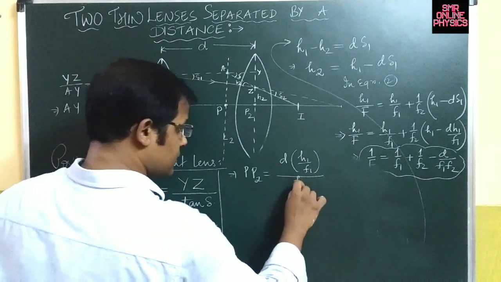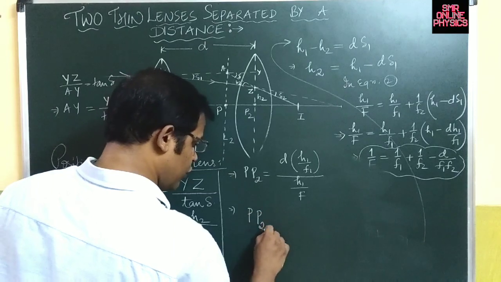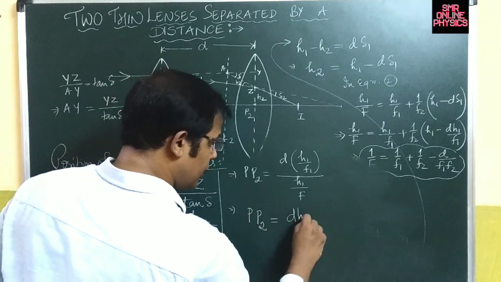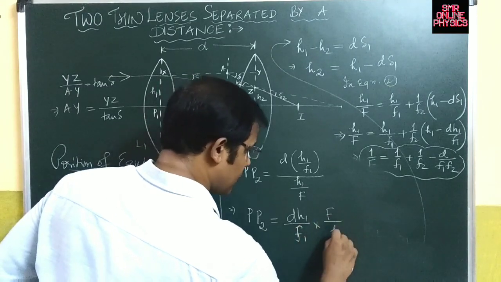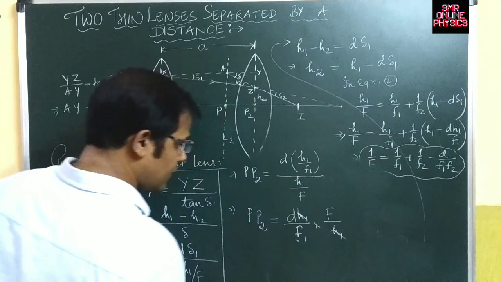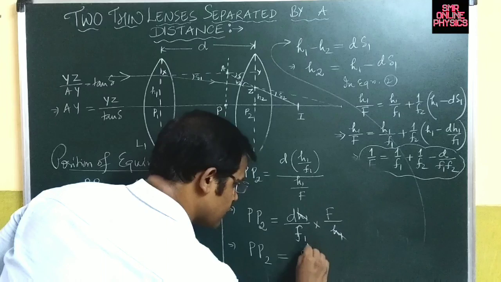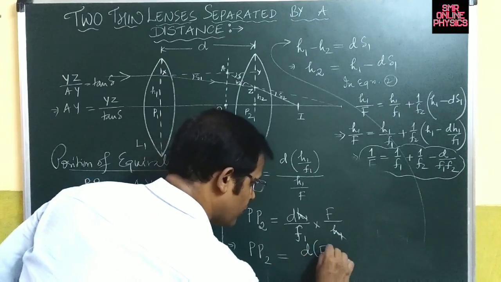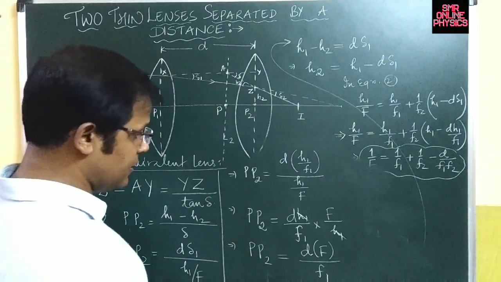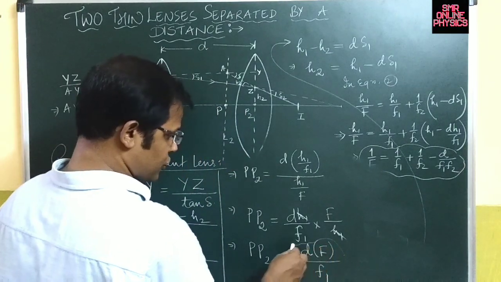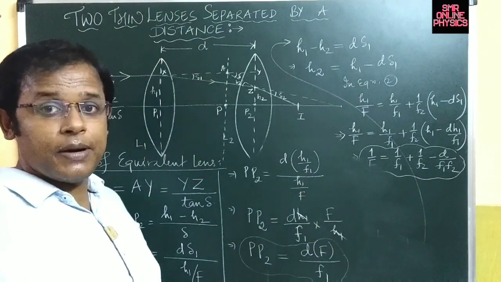And this is H1 by capital F. So hence the position of the equivalent lens should be equal to d H1 by F1 multiplied by capital F by H1. So you get rid of this. So finally your position is crystal clear. It is the distance of separation D multiplied by the equivalent focal length by the first lens's focal length. So hence this is your expression, very much valid for two lenses separated by a certain distance.